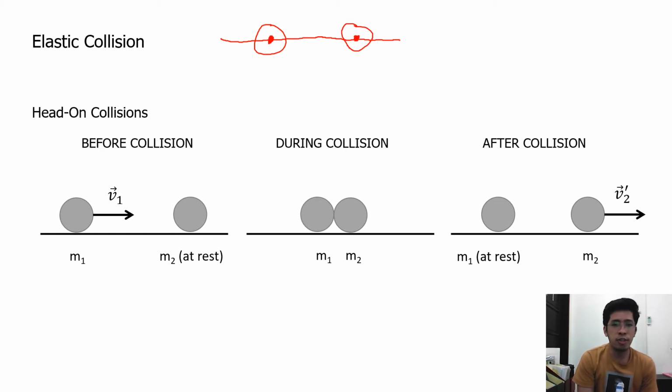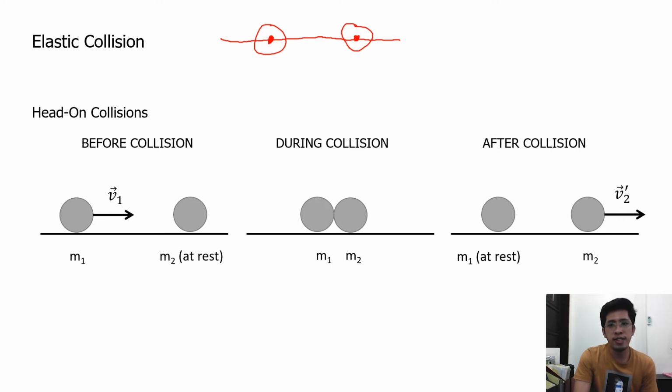Before collision, we have one object, mass one, which is moving to the right, and mass two, which is at rest. During collision, they come into contact, but after the collision, what you will observe is that the velocity of ball one will be zero.